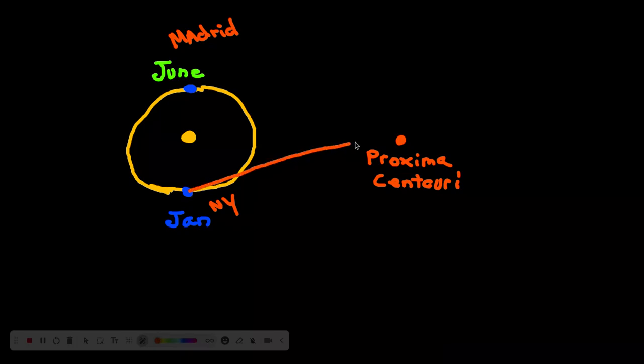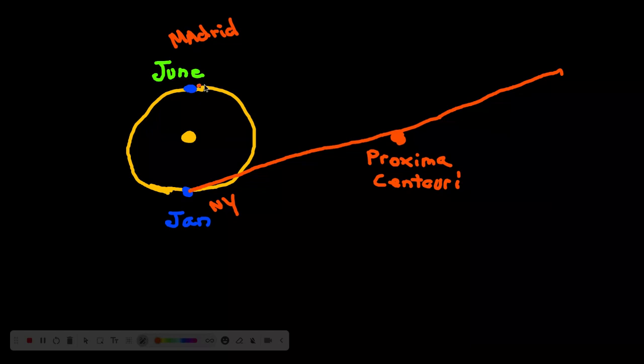We just missed it. Gotta practice our lines, right? And then in June, the same thing, boom. What we did was we created an angle, this angle right here, and we're going to call that the arcsecond angle. We'll get back to that.